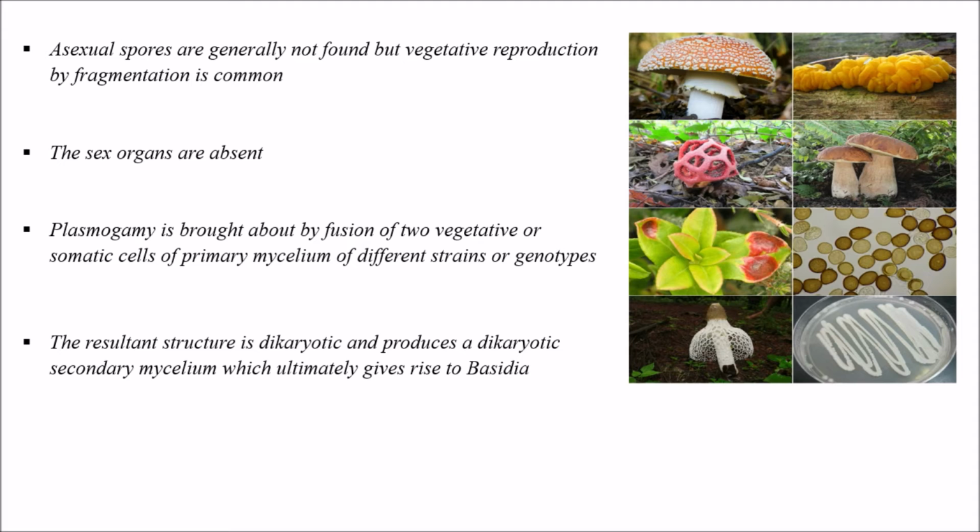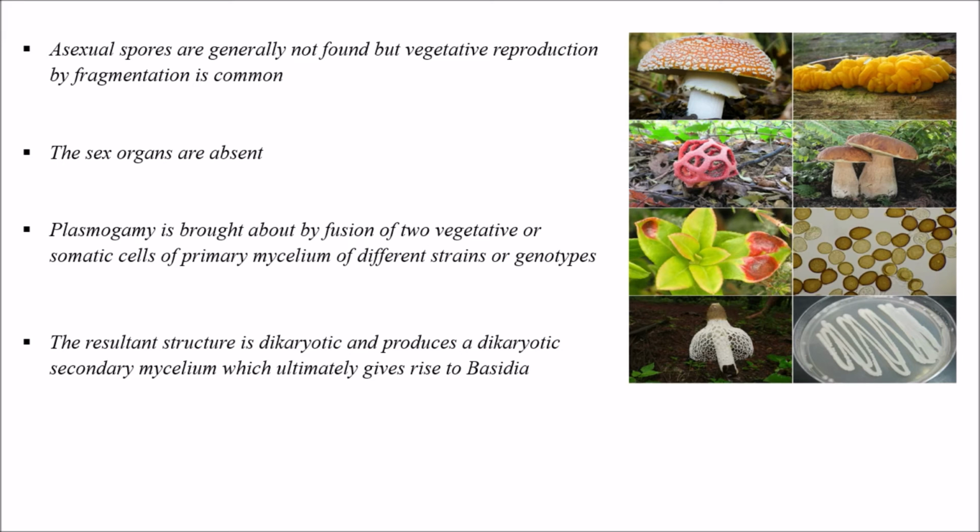So what are to be remembered? Asexual spores are generally not found, but vegetative reproduction is by fragmentation, which is a common method of vegetative propagation. Sex organs are absent. Plasmogamy is brought about by fusion of two vegetative or somatic cells of primary mycelium of different strains or genotypes.